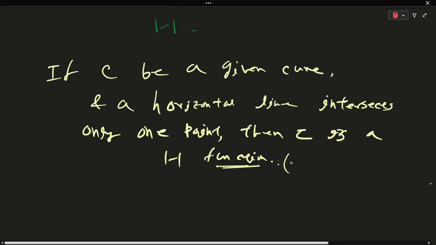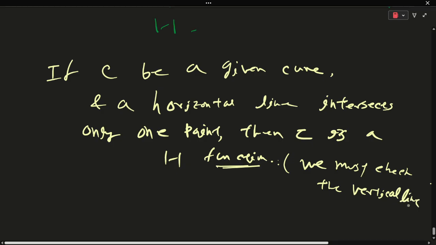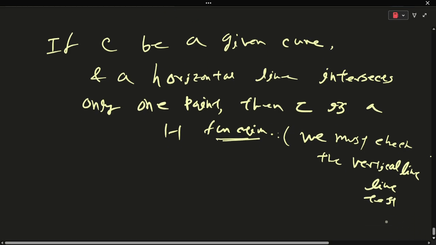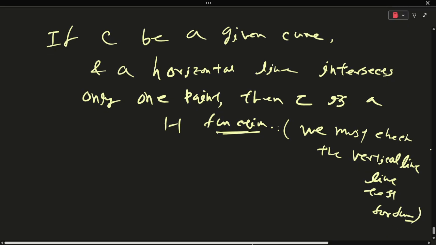So we must check the vertical line test for a function. Okay, for a function, but we assume first that it is a function, right?